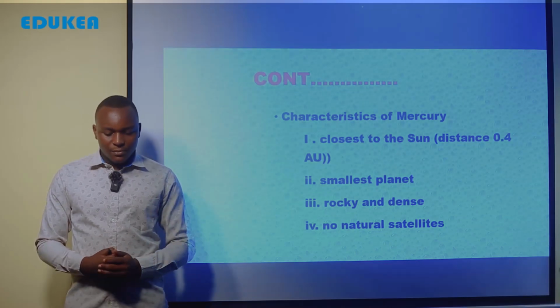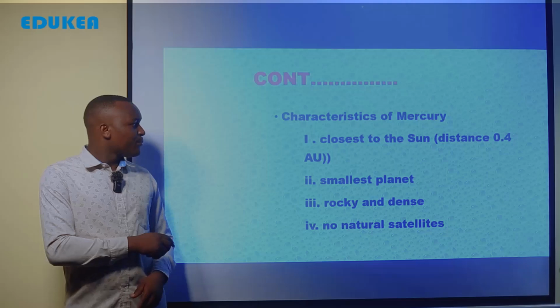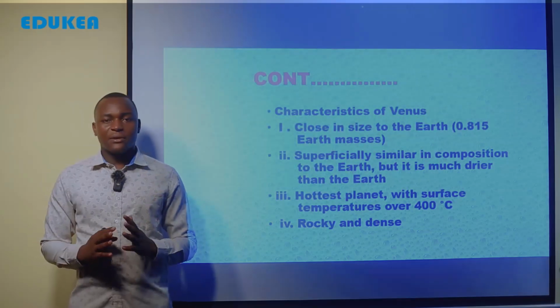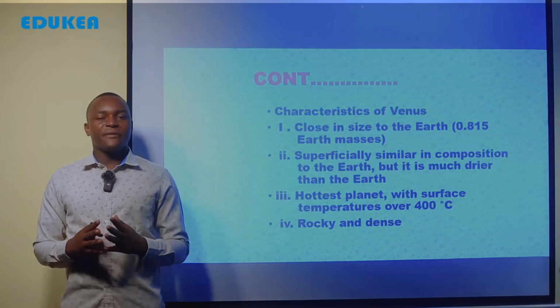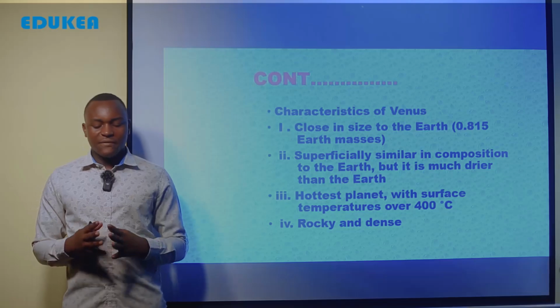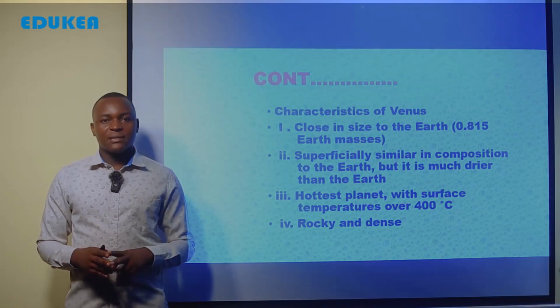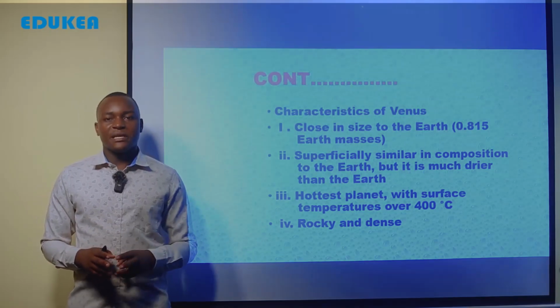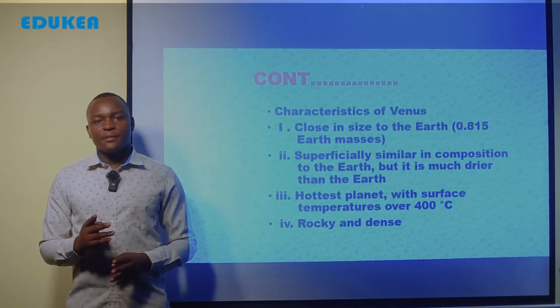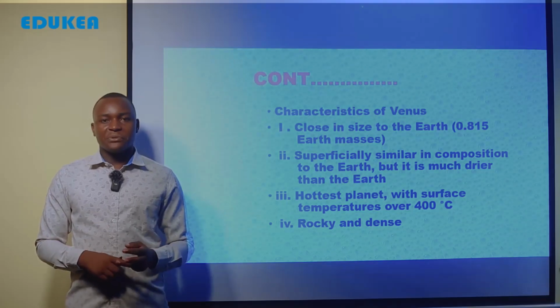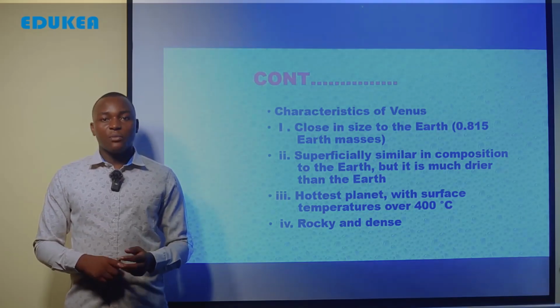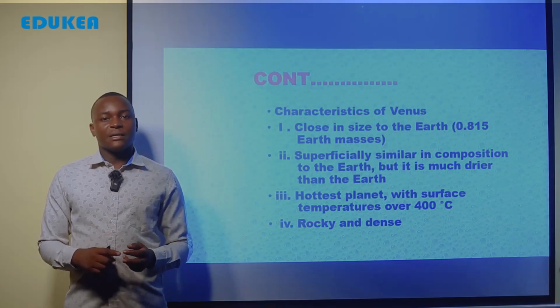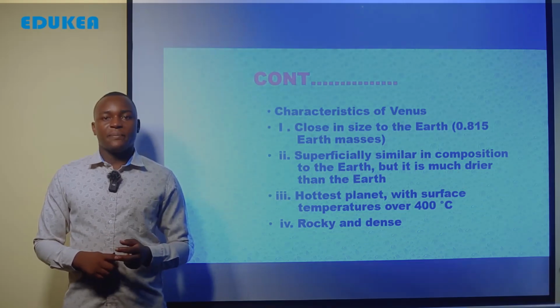So now let's look at the characteristics of the second planet, which is Venus. Venus is the second inner planet from the sun, the first one being Mercury, whose characteristics we already looked at. Now we look at the second inner planet, Venus.